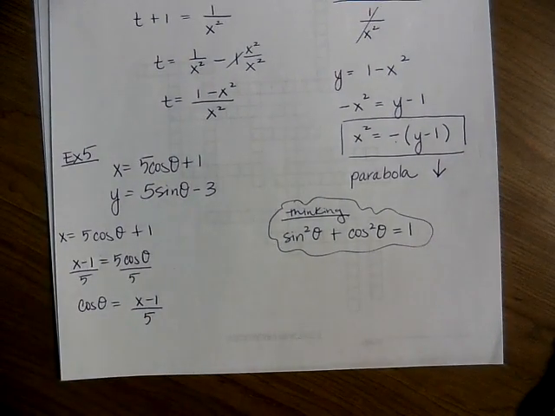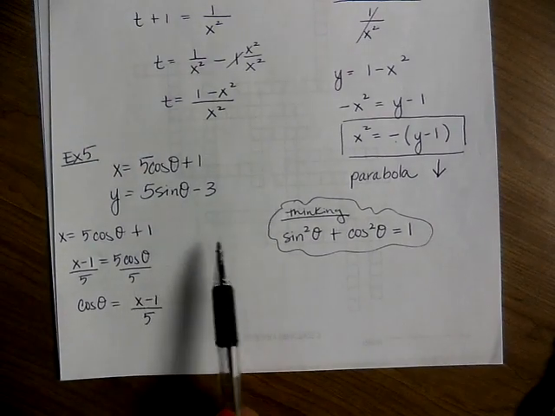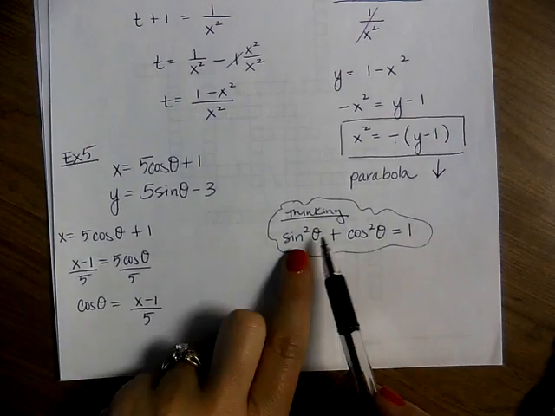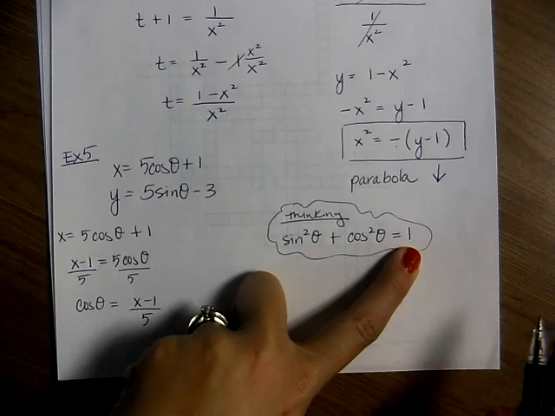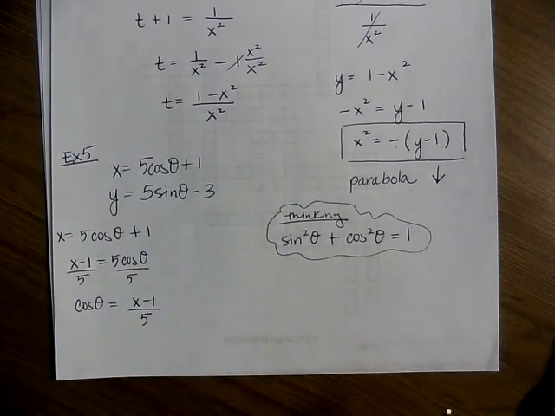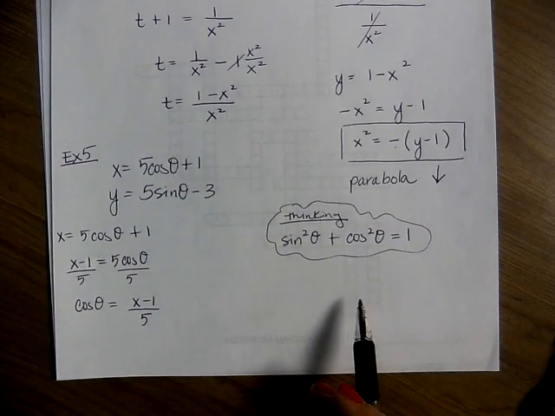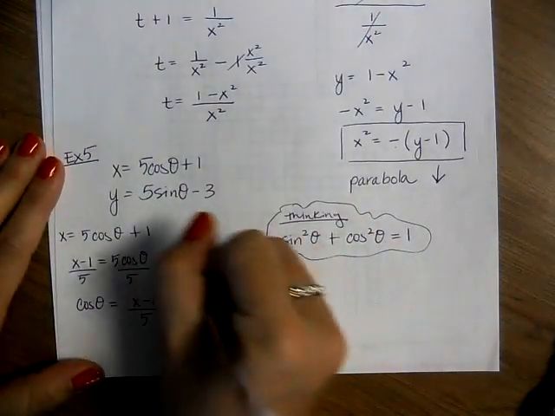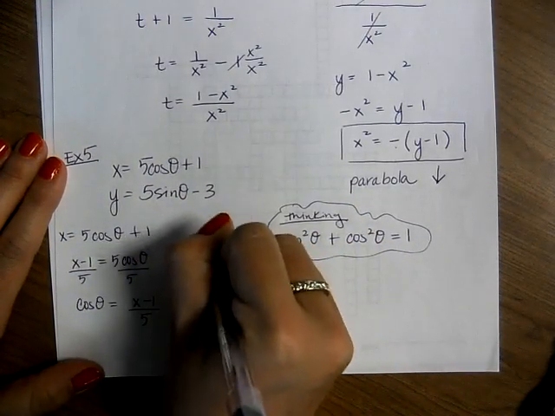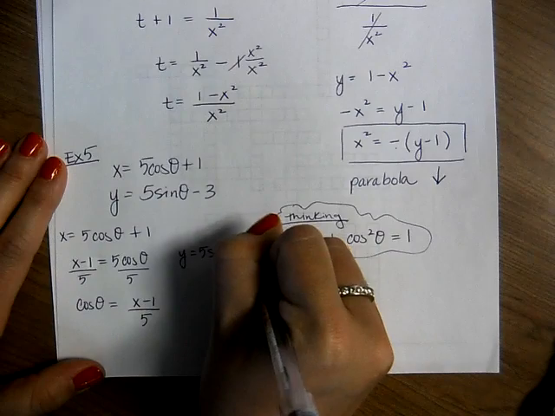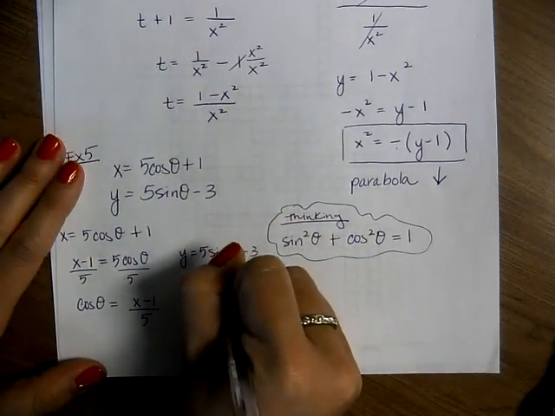Okay, now I want to work with the y equation. I want to get sine, because I have sine squared plus cosine squared equals 1. So if I know cosine and I know sine, I can substitute them into that identity. So now I'm going to work with the y equation. I'm going to add over the 3.